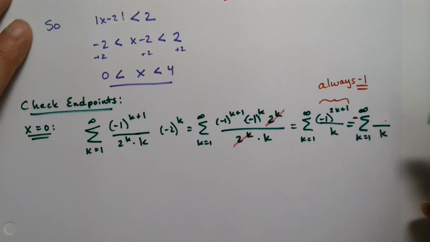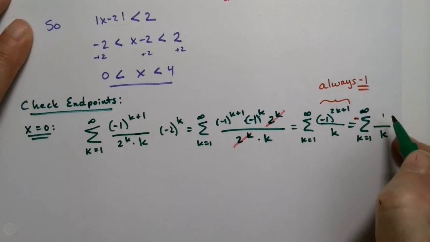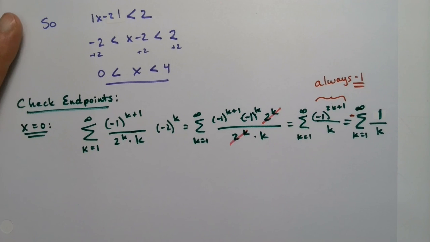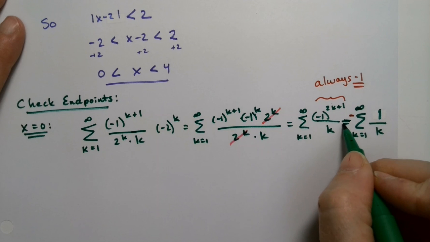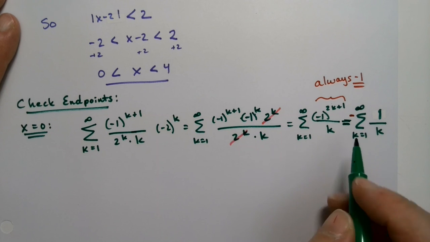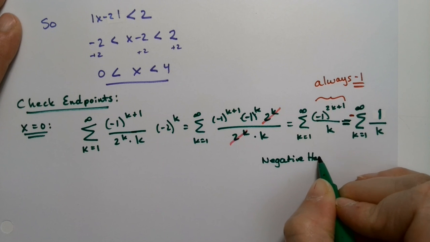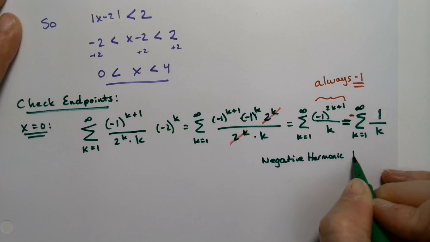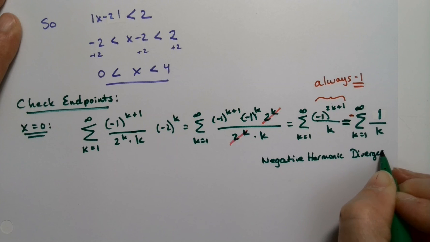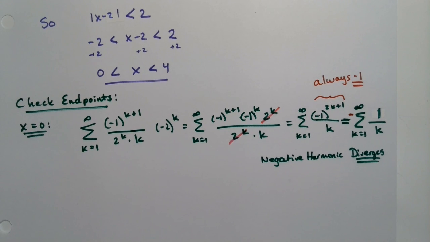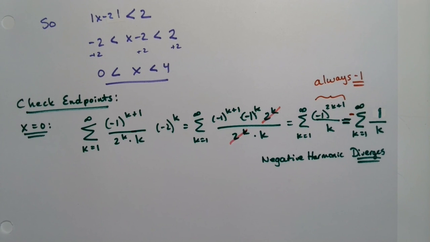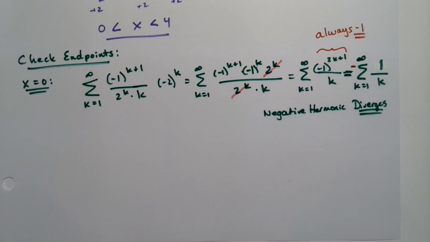That would work too. And that's the harmonic series. It's the negative of the harmonic series, but it's not alternating, it's just negative. So that's the negative harmonic series, and it diverges. It's the harmonic series, but every term is negative. So it still diverges. The harmonic series diverges, therefore it does when it's negative also.